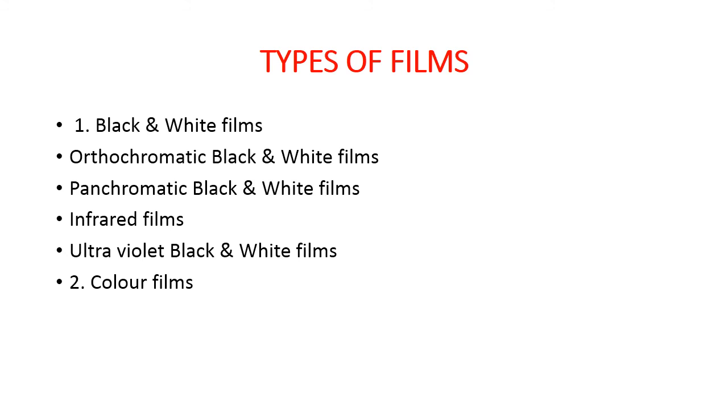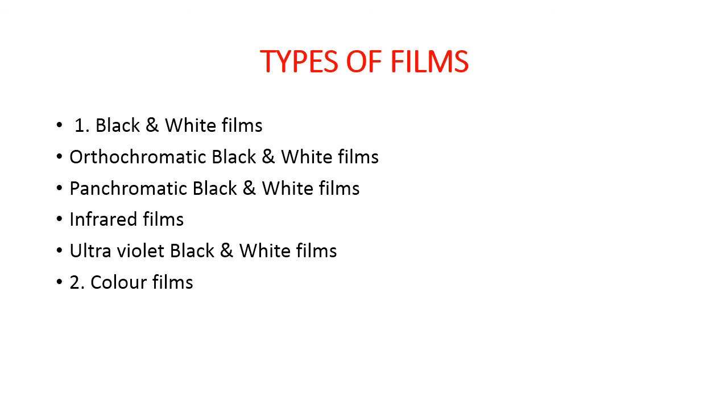These films consist of a polyester sheet which forms the base. On it there are 3 layers of emulsion and each layer is sensitive to one of the 3 primary colors.